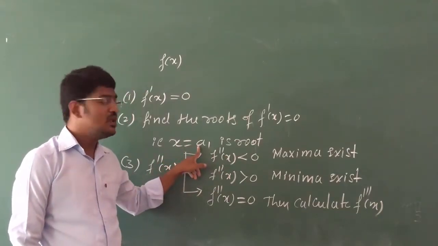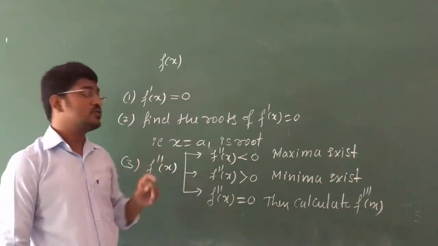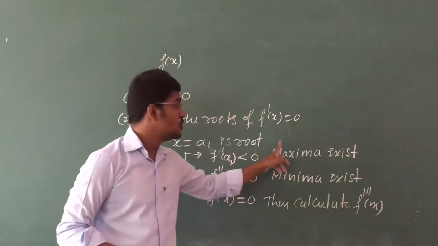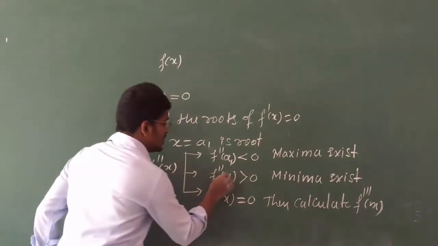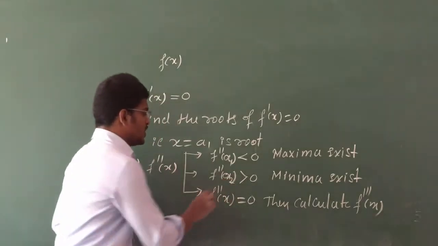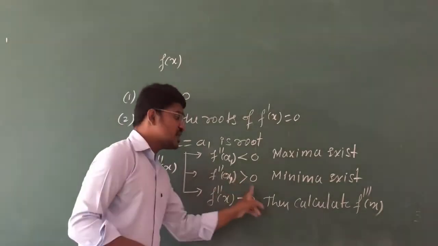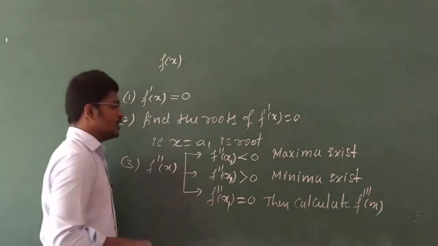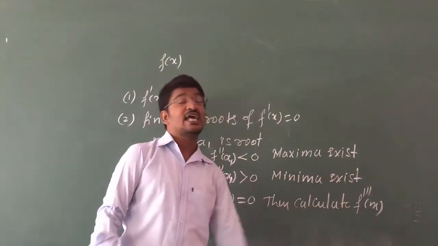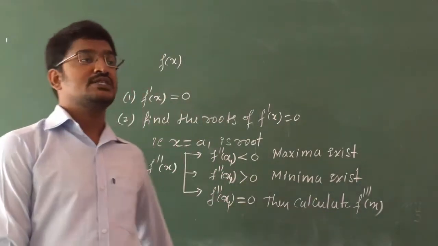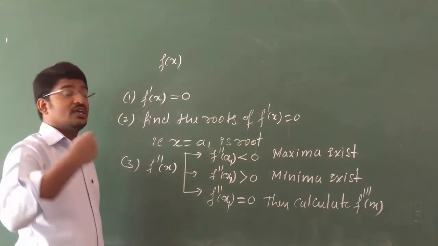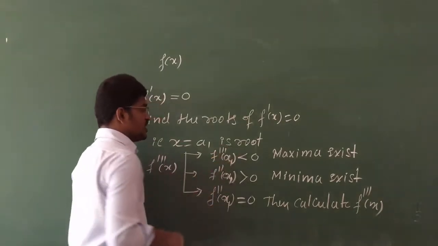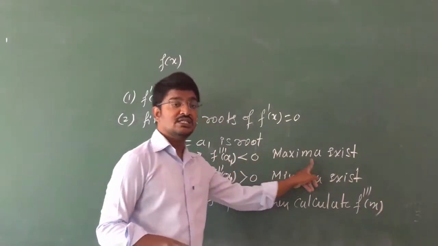At x equal to a1, if f double dash of a1 is lesser than 0, maxima exists. f double dash of a1 greater than 0, minima exists. f double dash of a1 equal to 0, then you have to calculate f triple dash of x. Again, after getting f triple dash of x, you have to follow the same thing.